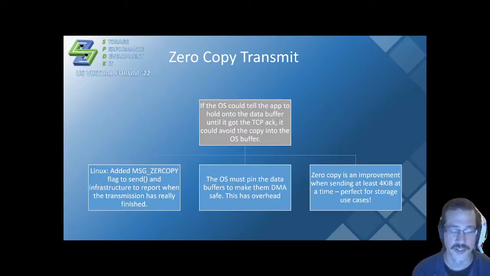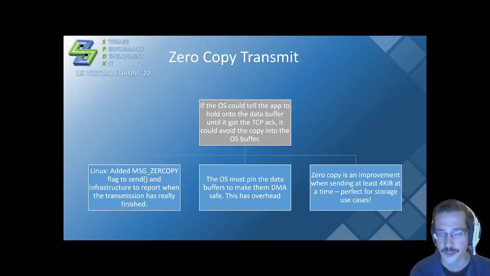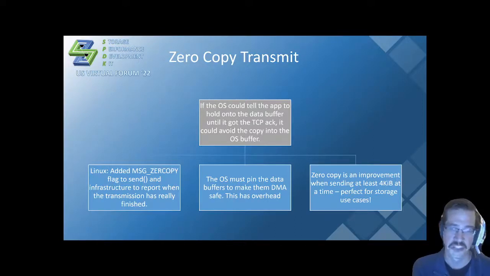And there is infrastructure to report when the data buffers can actually be released by user space. You actually do a receive message on the socket to read from what's called the error queue, which is just like a sideband message queue that already existed, and it will give you messages saying like, hey, this send call you made that I told you was queued up, it's now done, and you can release your resources.